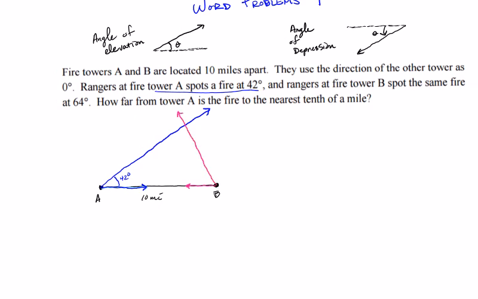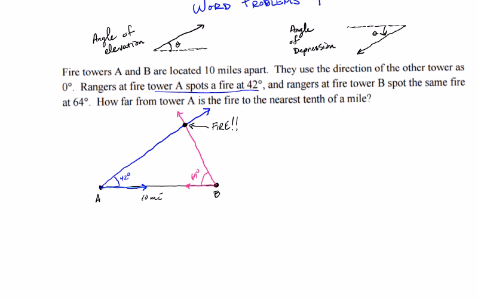I'm just going to draw that. I'm going to say that this angle is 64 degrees. Hopefully that makes sense, how they're looking at it. So where they intersect is going to be where things are on fire. Somebody's got to get there, take care of it, put it out.